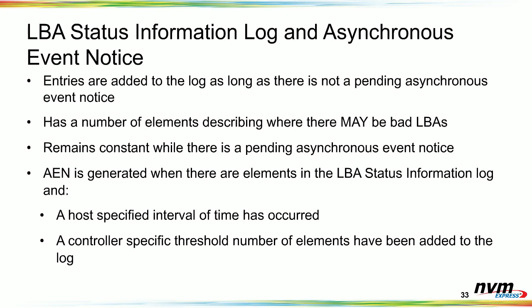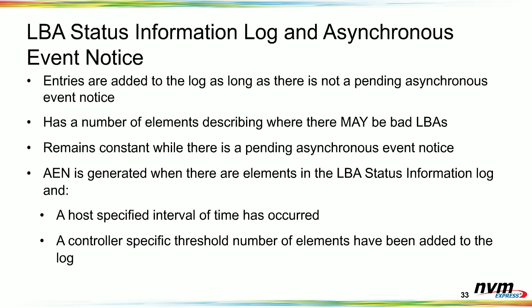If you are in a mirrored system where you have multiple copies of your data, you can go out to your mirror, find that data, and rewrite the data, thereby making the SSD that had bad logical blocks now completely functional.